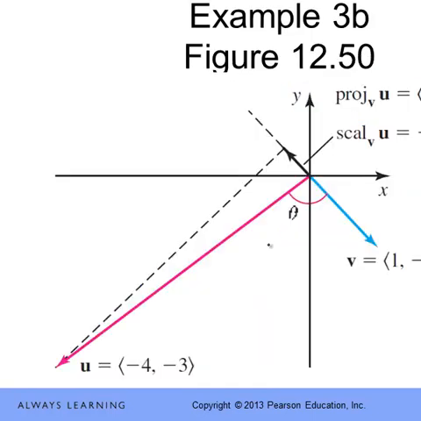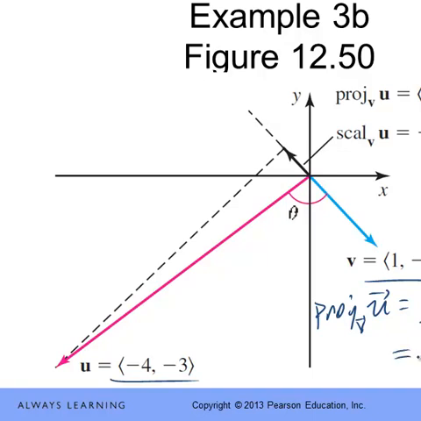All right. For part B of this problem, if you want to compute the projection of u onto v, we can do that here. We've got vector u, which is (-4, -3), and vector v, which is (1, -1). So the projection of u onto v would be u dot v over v dot v times v.